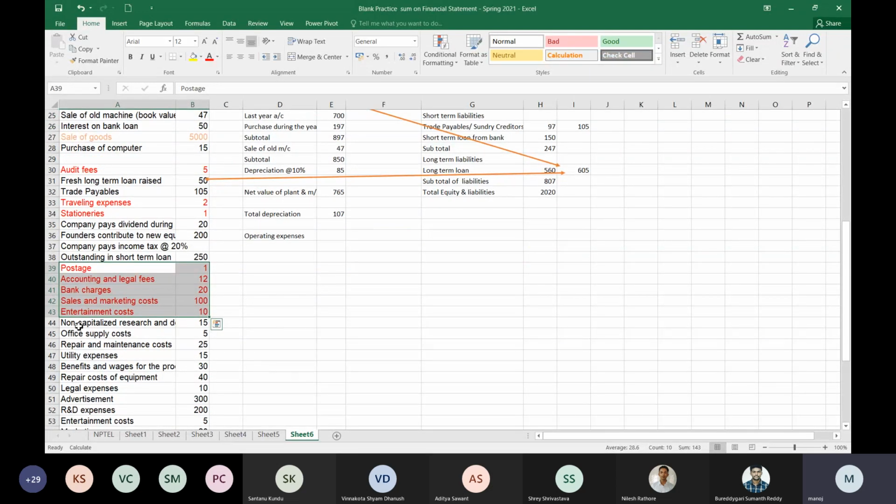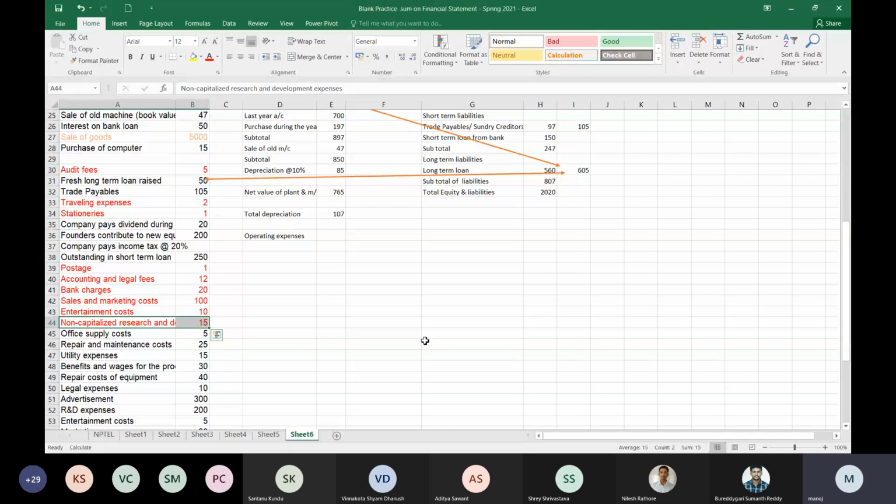Now, non-capitalized research and development expenses is also operating expenses. Let me explain this further. If you incur a little bit of expenses under research and development or advertisement or marketing or preliminary pre-operative expenses, these are allowed as operating expense. But if the expenses are huge, then you would like to amortize.